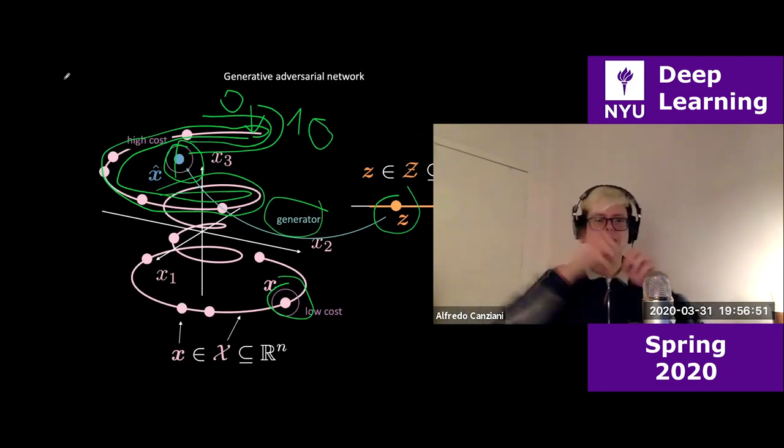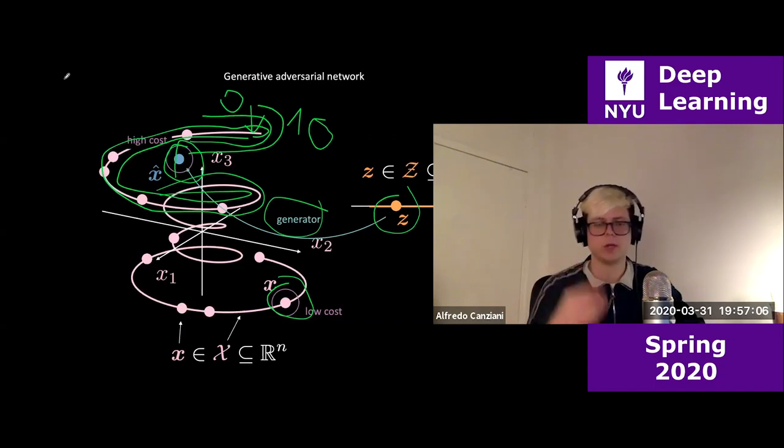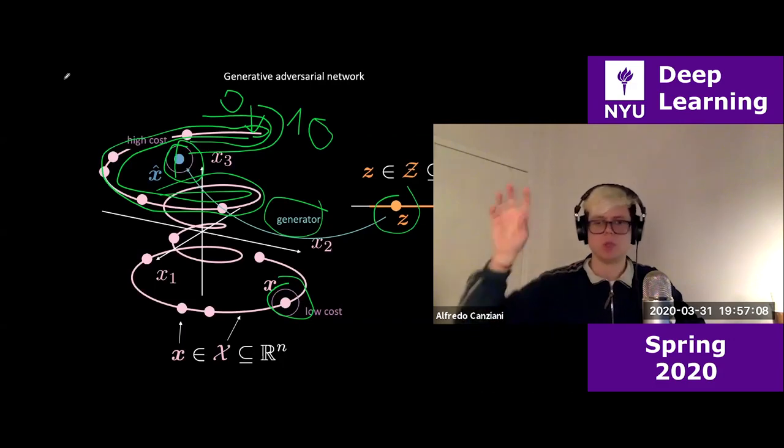So the gravity that I was showing you before, that was attracting these generated data onto the decision boundary, was basically the gradient of the output of the discriminator, or the cost network, with respect to the samples generated by the generator.